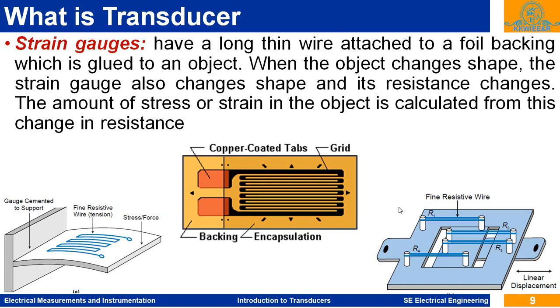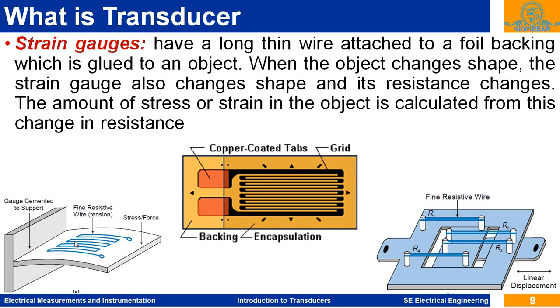These resistances are connected in a bridge form, and with the help of a fixed supply to that bridge, we can get a variable voltage. This voltage is calibrated in terms of displacement, stress or force.